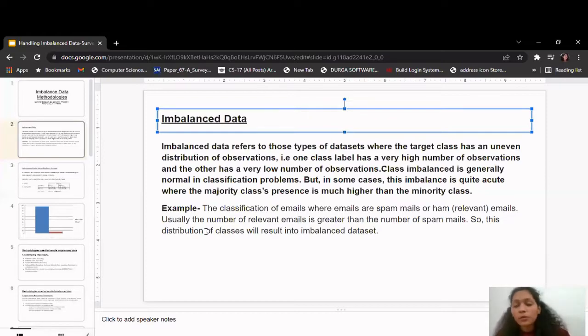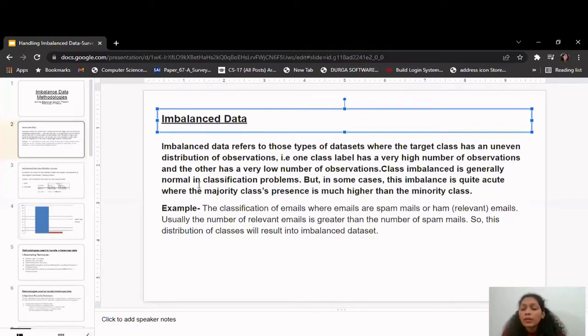Let us take an example of classification of emails where emails are spam mails or relevant mails. Usually the number of relevant mails is greater than the number of spam mails. So this distribution of class will result into imbalanced data set.